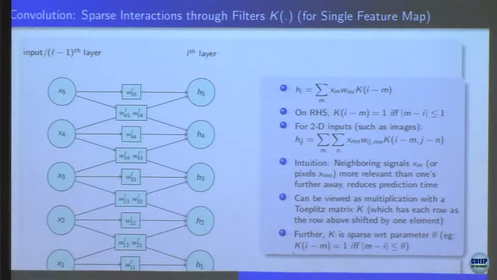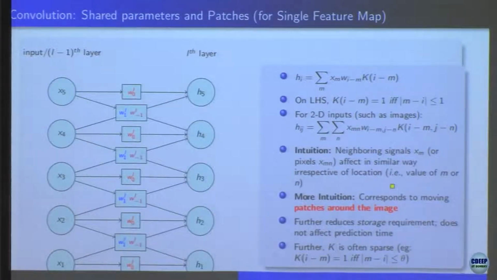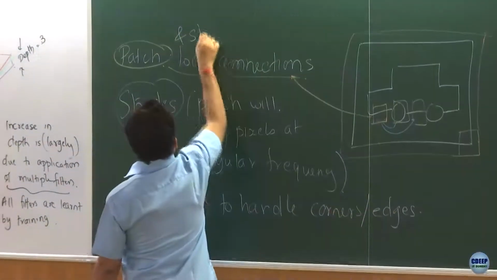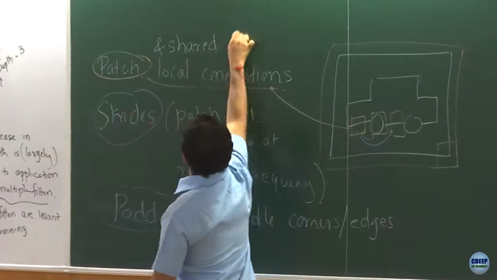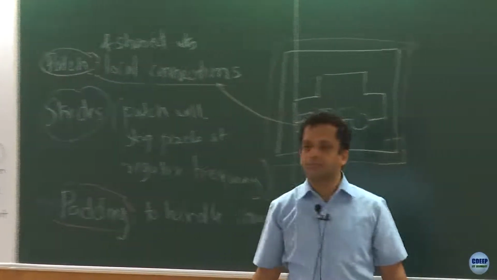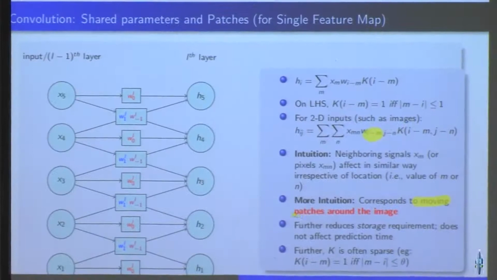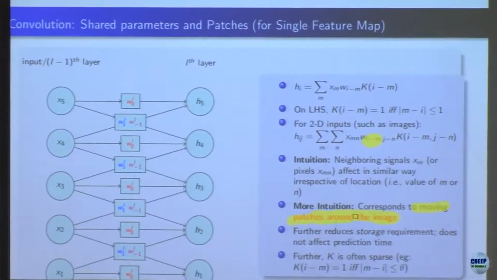So this was the patch I minus m. Now not only did we apply this index for local connections, but we also thought we can share parameters, and the weights also got indexed by these differences, which means we started sharing those weights. So in fact local connections and shared weights, the same patch is moving around. So this corresponds to moving patches around the image.